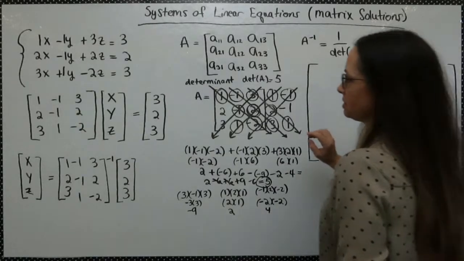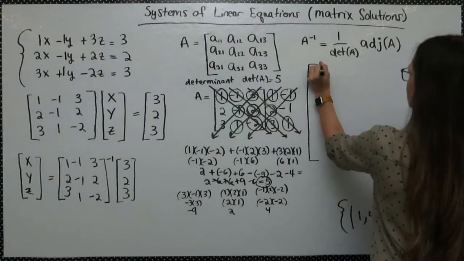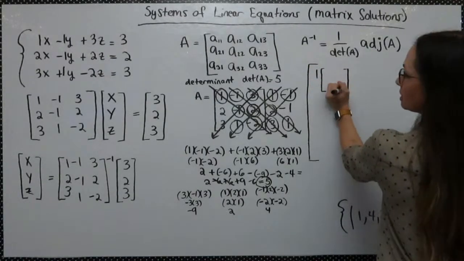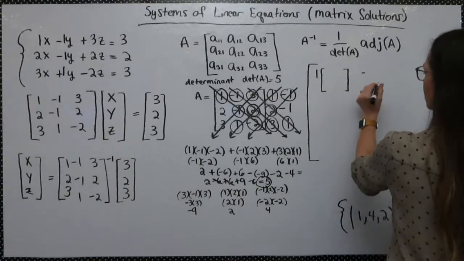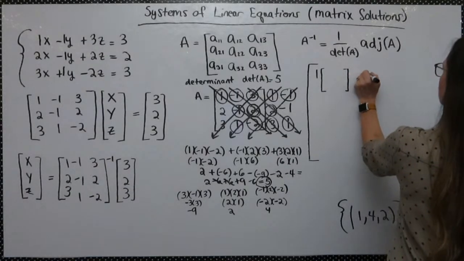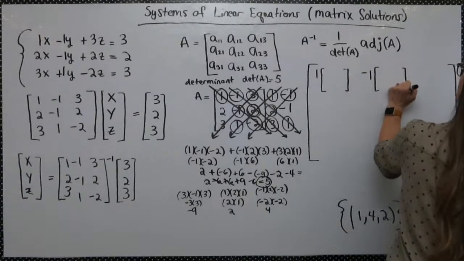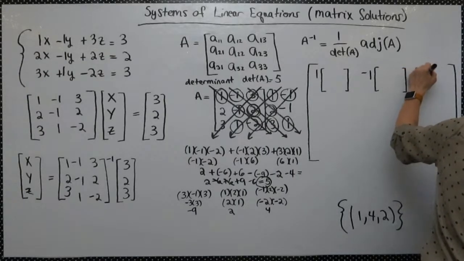So we're going to start with the very first position of 1. And we're going to multiply this mini matrix by 1. And then I've got -1. So I want to make sure they all fit in here, so I'm just going to write them all out. So we've got -1 times this matrix. And then we have 3 times this one.